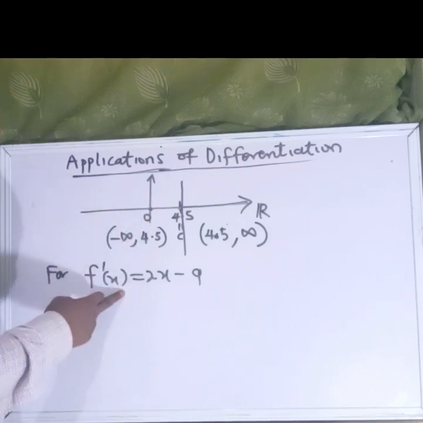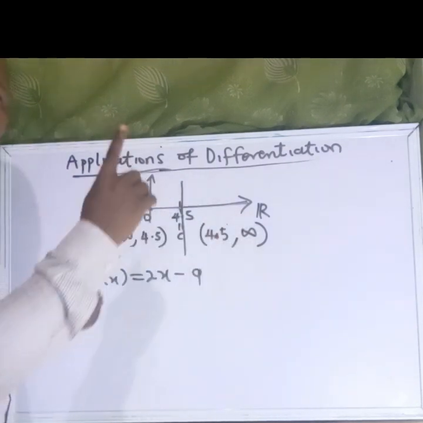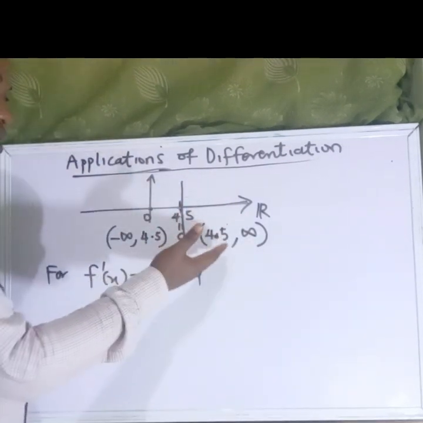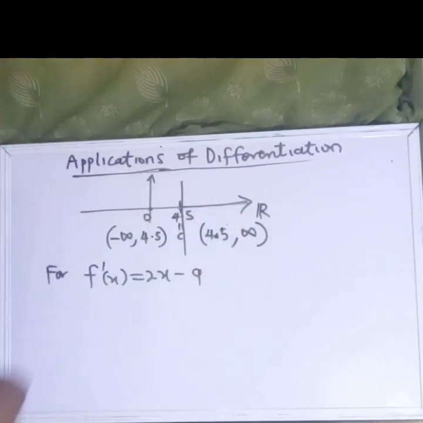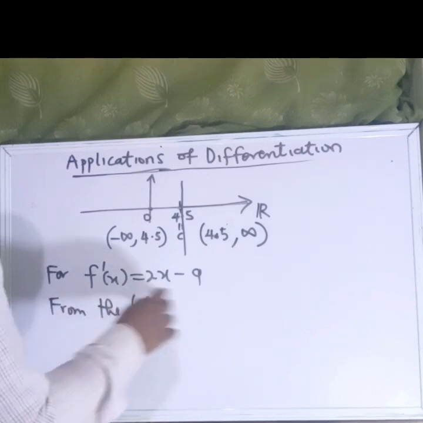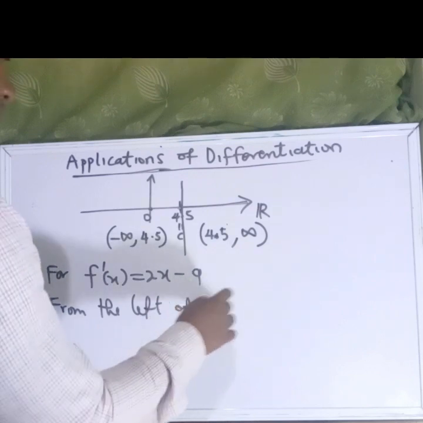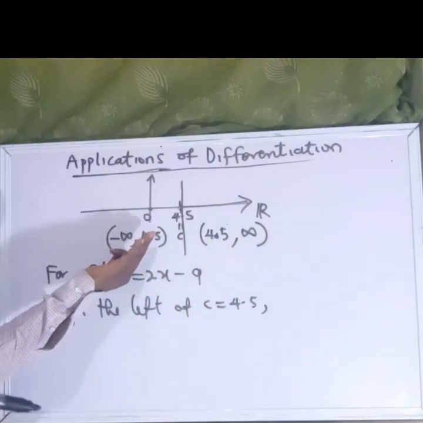If this is negative, we'll see it is decreasing from the left. We'll do the same for the right by picking one point and checking whether the interval is increasing or decreasing. So from the left of c, of course c is 4.5.